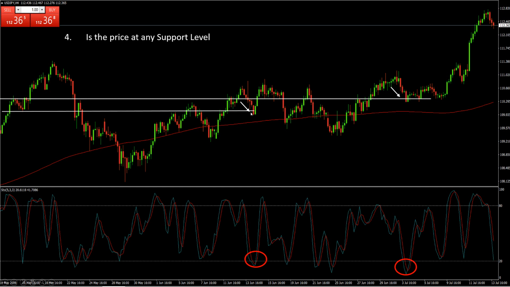In the first case, you can see there's a minor support here. This was the previous resistance, which has now turned into support, and over here as well. Similarly, in this case, you can also see that there is a support level, which was previously a resistance. Similarly over here, a minor one, but you get the idea.